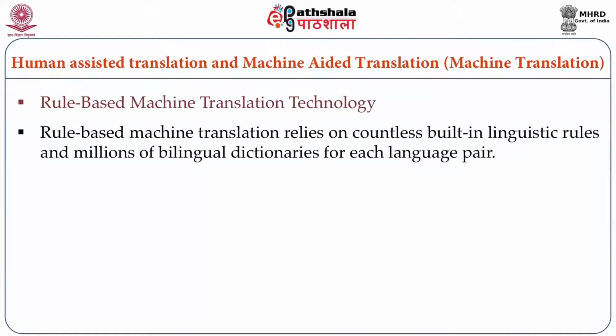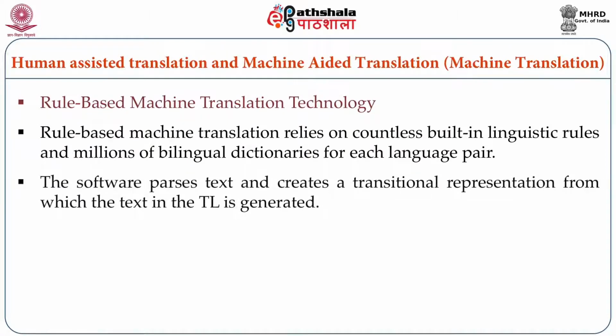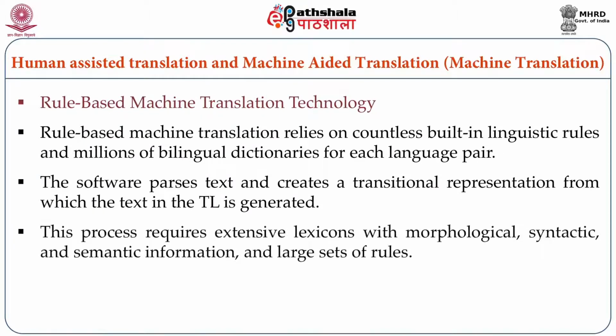Now we will discuss rule-based machine translation technology. Rule-based machine translation relies on countless built-in linguistic rules and millions of bilingual dictionaries for each language pair. The software parses text and creates a transitional representation from which the text in the target language is generated. This process requires extensive lexicons with morphological, syntactic and semantic information and large sets of rules.